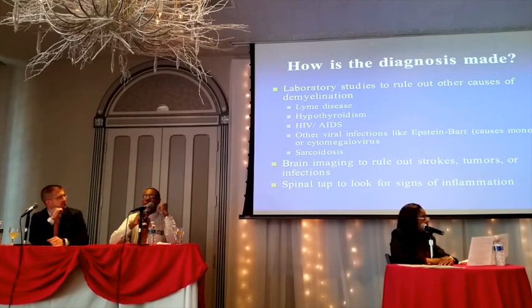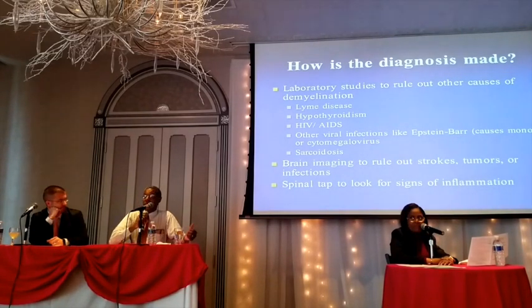There are, in addition to the neurological examination, some laboratory tests that we can do as well. Someone who has MS-like symptoms, at the same time I'm ordering the MRI of the brain, I'm also ordering studies to look for other immune system diseases.